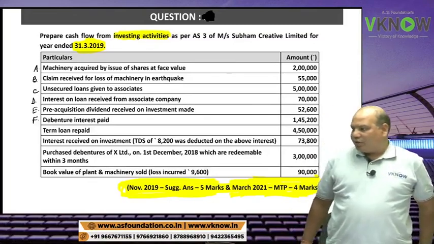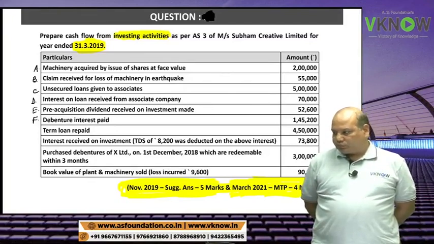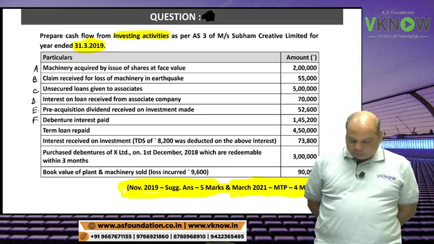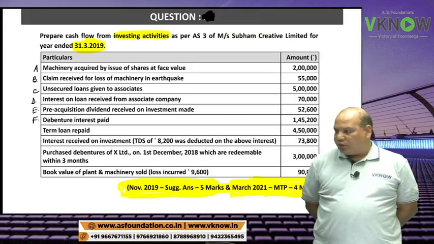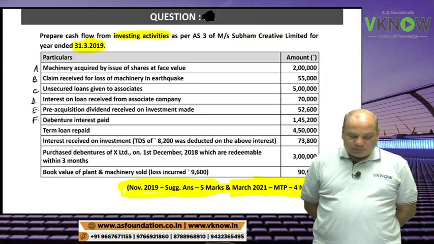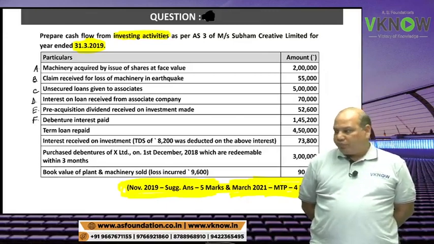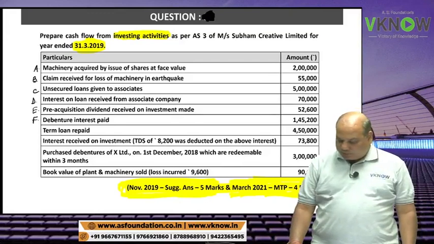Point E, pre-acquisition dividend received on investment made, 52,600.